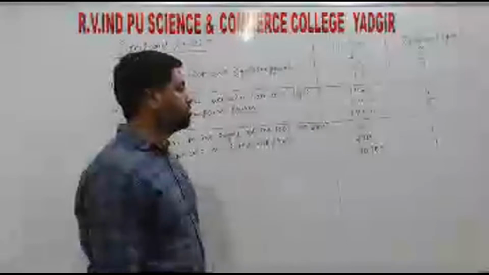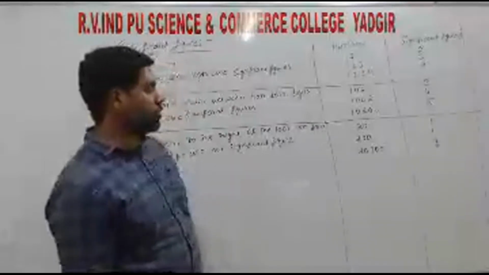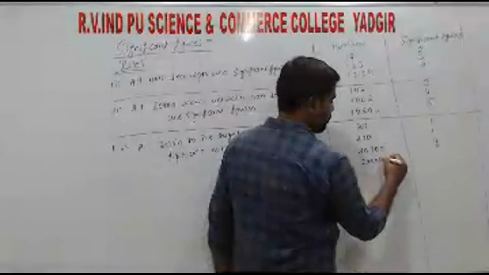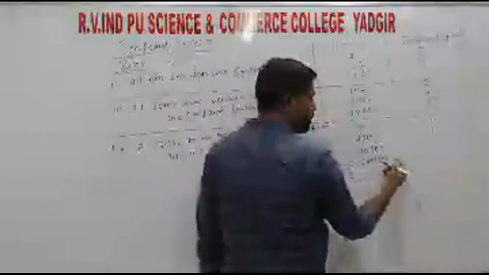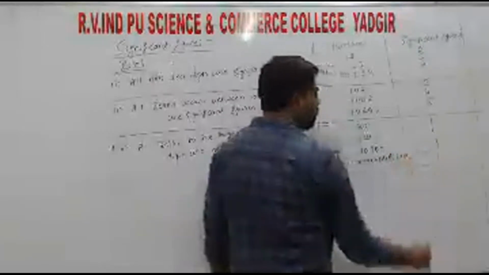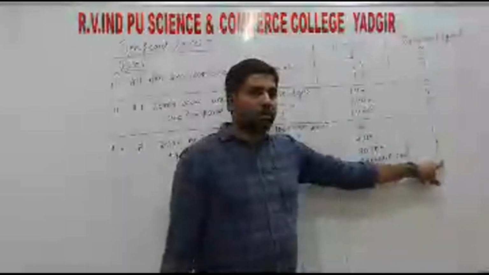Other possible cases: if 2 1 0 3 4 had 5 zeros, the significant figure would again be 1. They also give it like 2 into 10 power 5. Even if given this way, significant figure is 1.